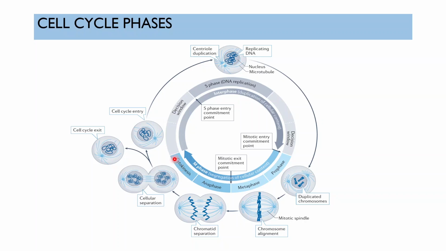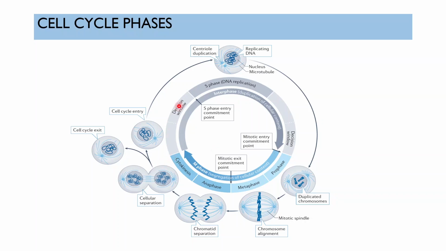Now, there are several checkpoints at the beginning of each of these phases, like at the beginning of the S phase, at the beginning of the G1 phase, at the beginning of the M phase, which determine whether the cell shall enter the next phase or not. Only if the cell meets certain requirements, only then it can move on to the next phase. So, this is determined by the cell cycle checkpoints.